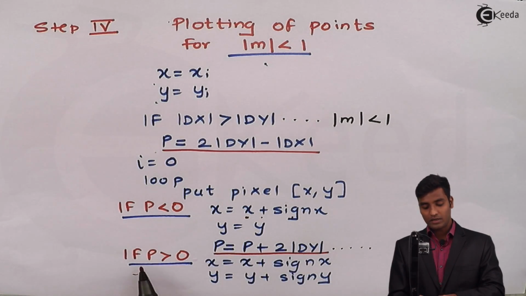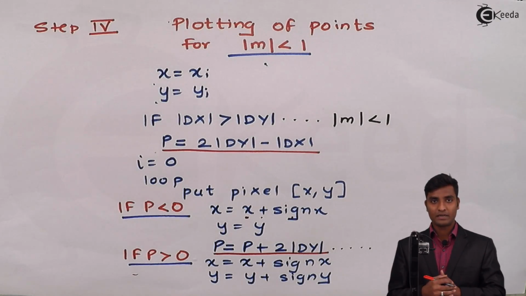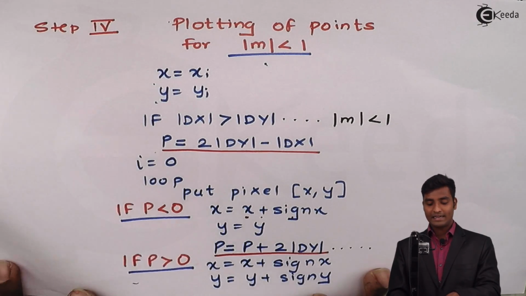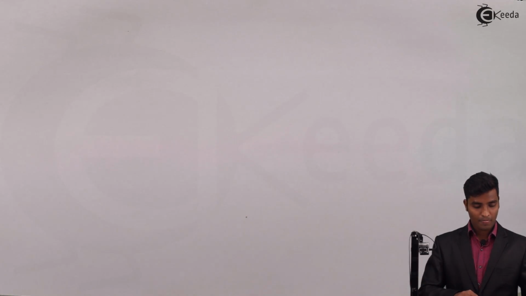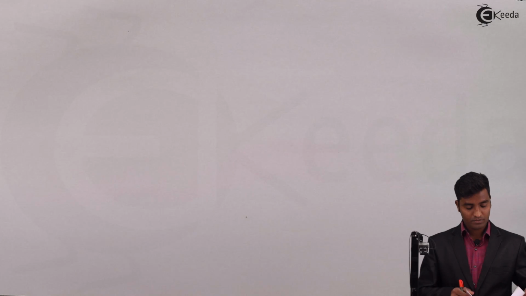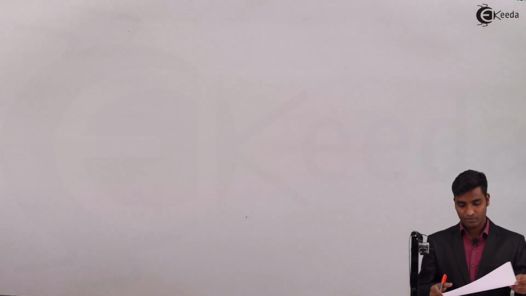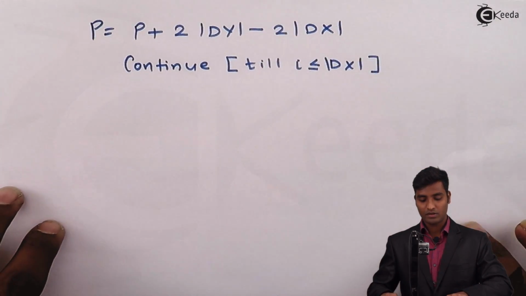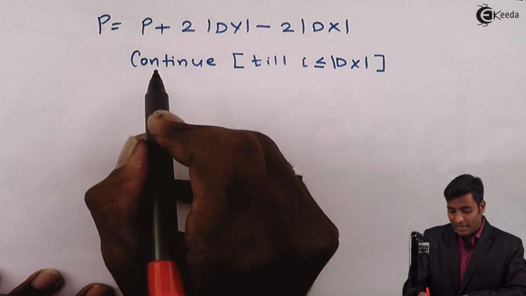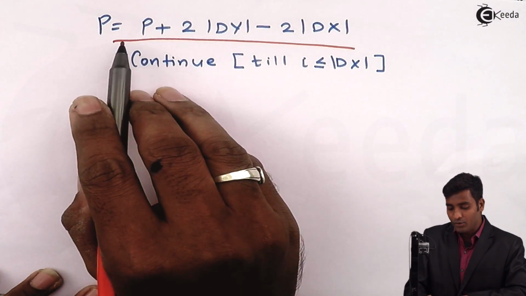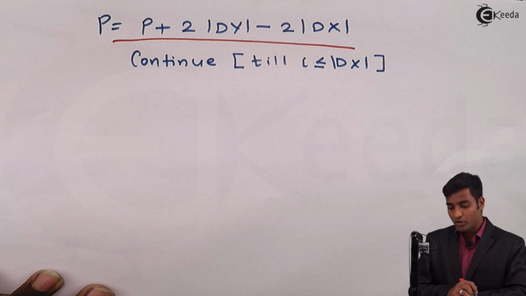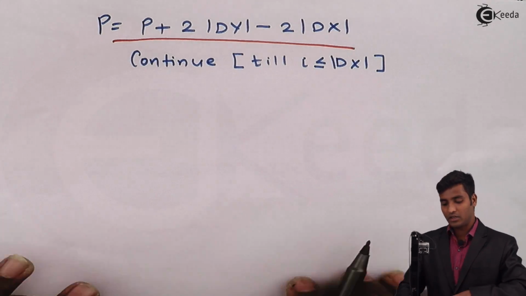When the value of the distance parameter is greater than 0, then at that time I will use the distance parameter relation as p equal to p plus 2 dy minus 2 dx.